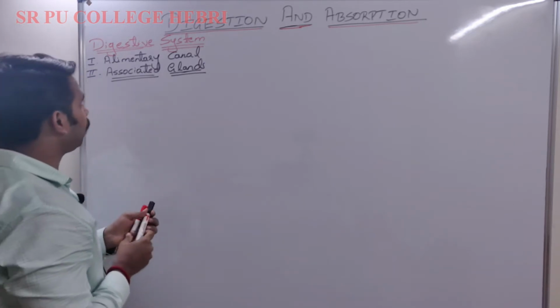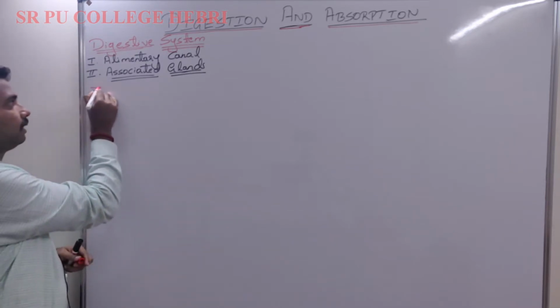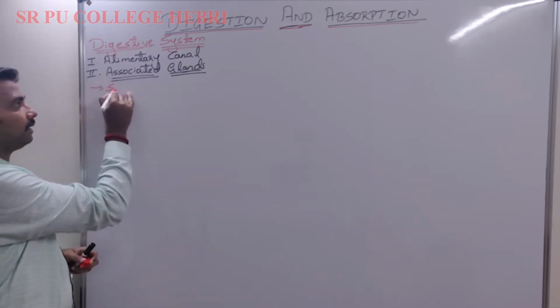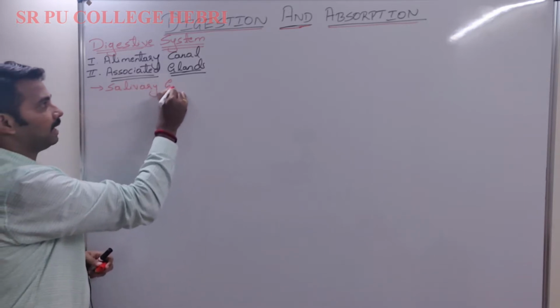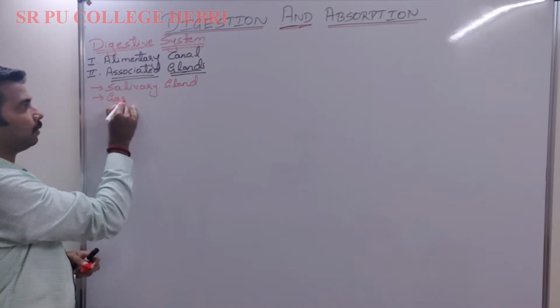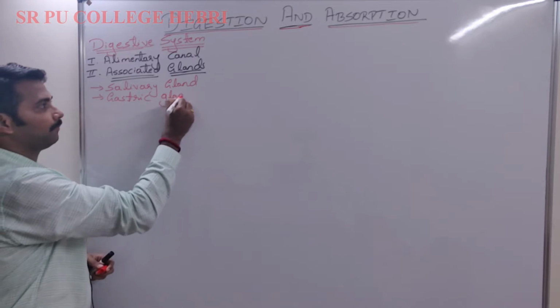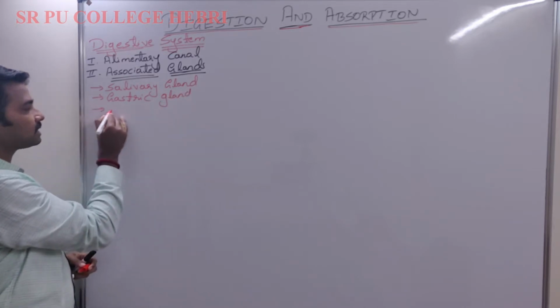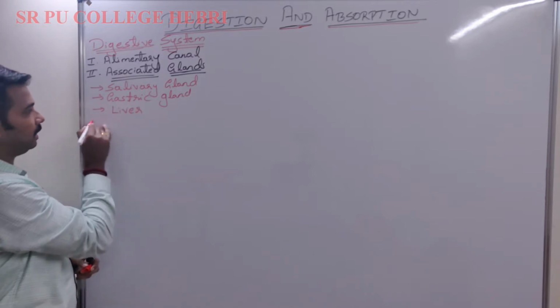And the very important associated glands of our alimentary canal are in our oral cavity region. We have which one? Salivary gland. As you come down, in the wall of the stomach, there is gastric gland. On your right side of the abdomen, there is the largest gland called liver.